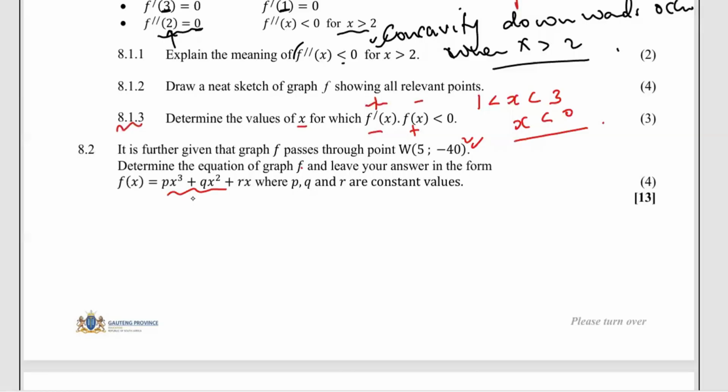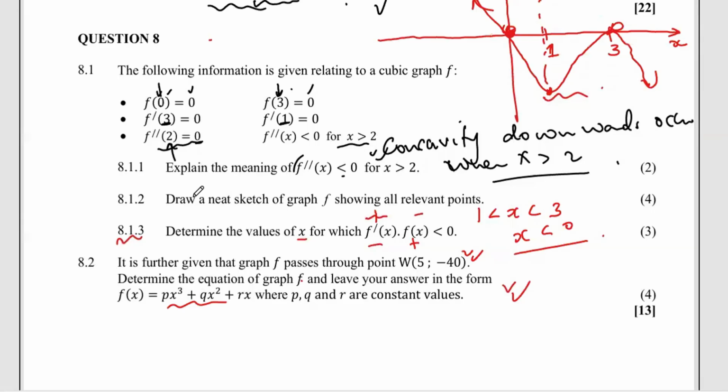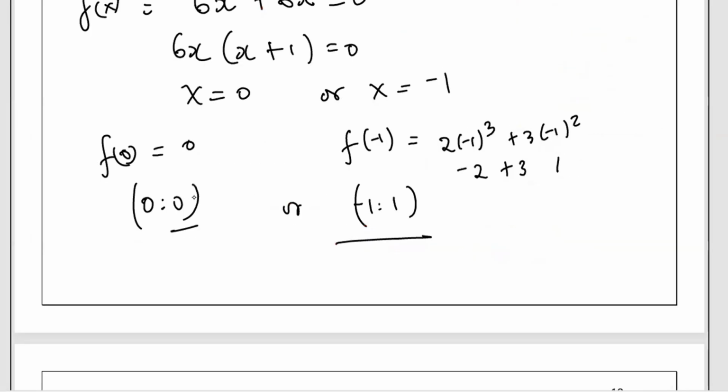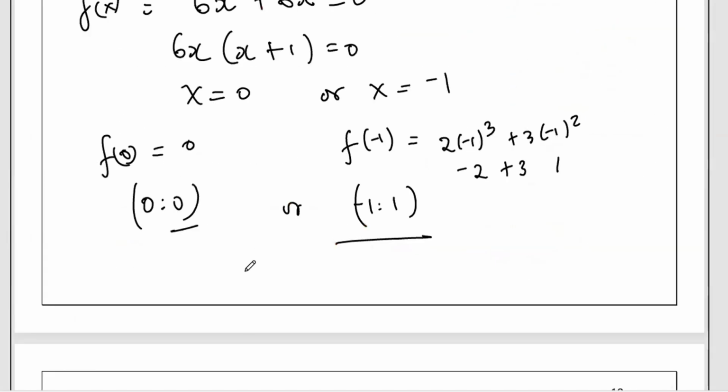Now, there is quite a lot of ways of doing this, but I already have my intercepts. I have a 3, I have a 0, meaning that life is so simple for me. The only thing I need is that point, 5 and negative 14. Okay, so 5 and negative 14.